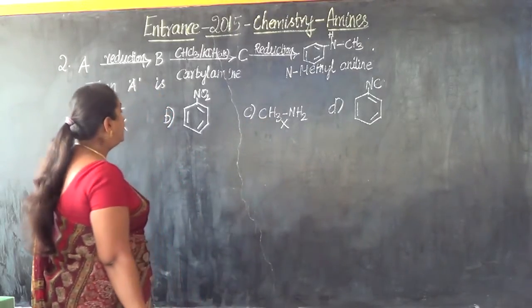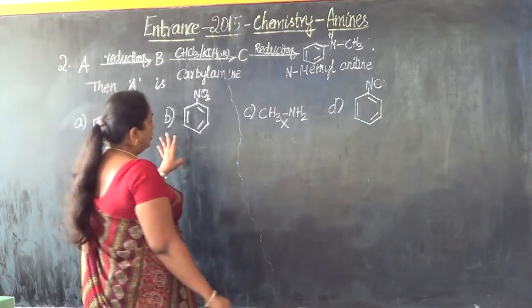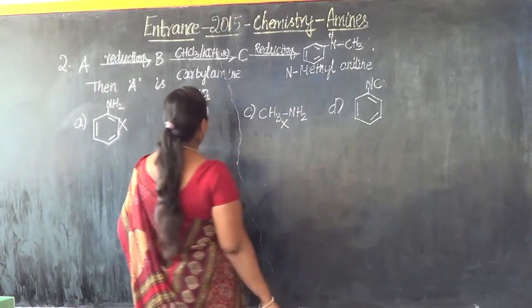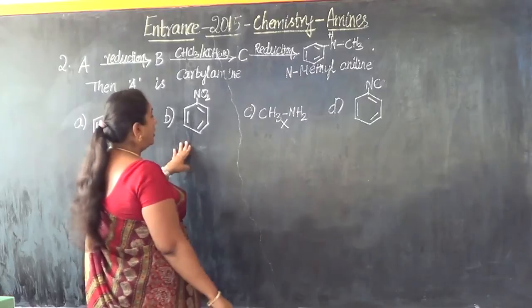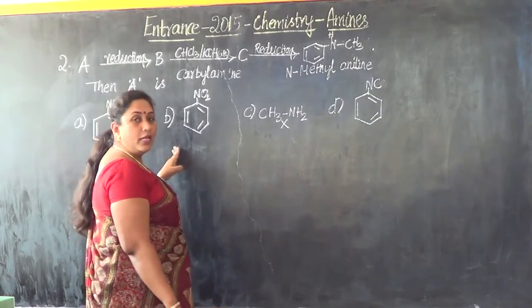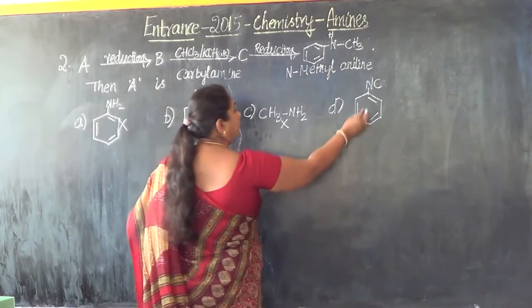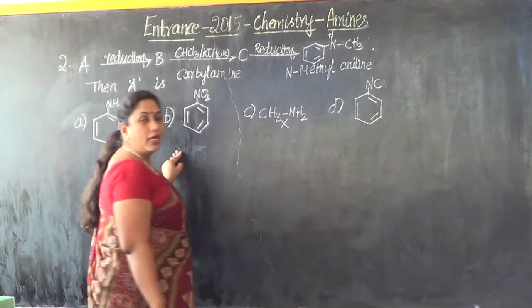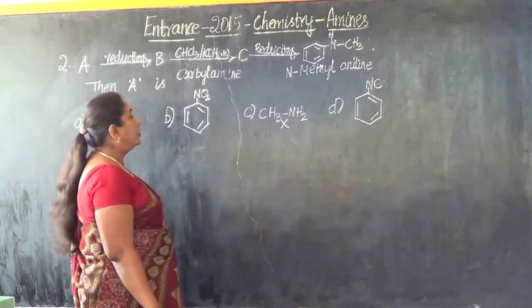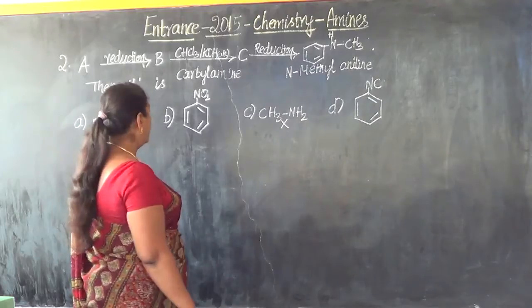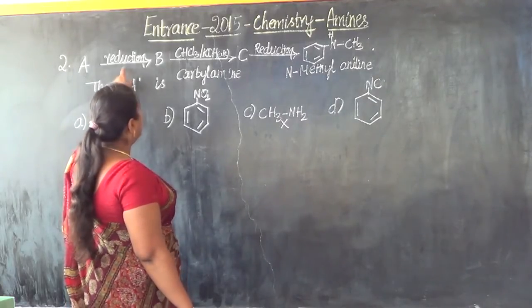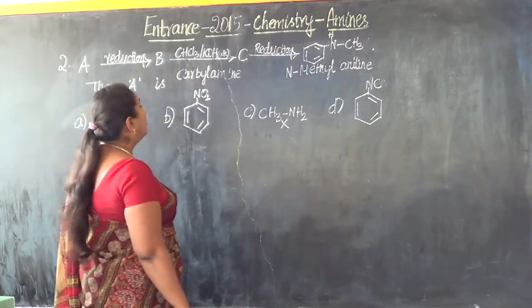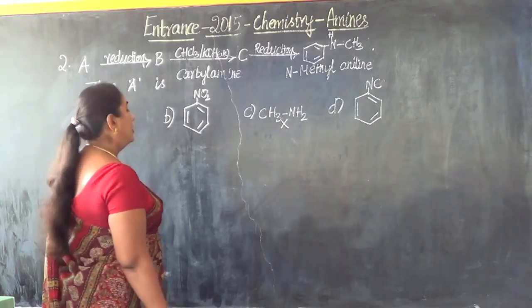Now the option is between B and D: nitrobenzene, NO2 attached to the benzene ring, or benzene isocyanide. Of the two, the most ideal would be B.